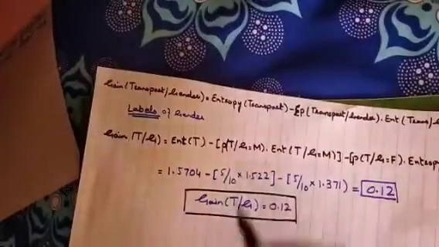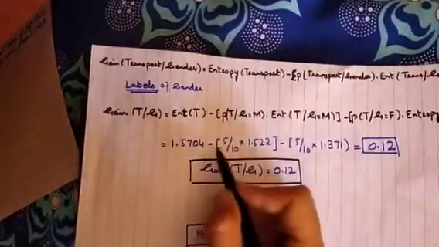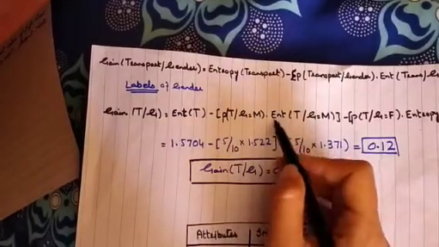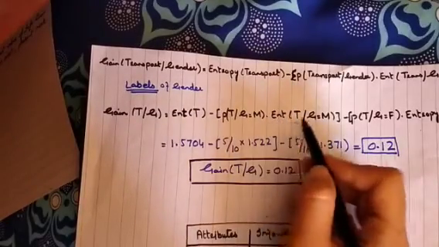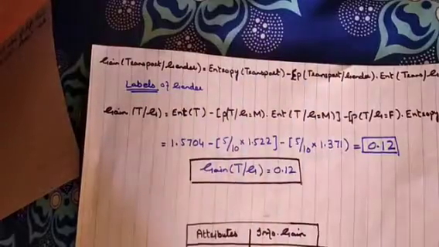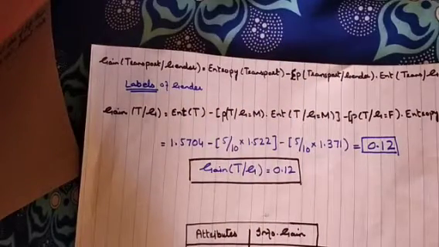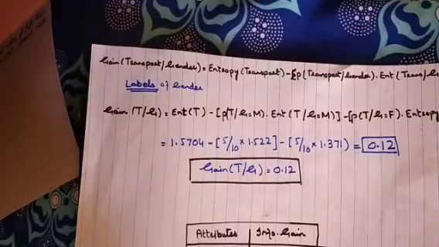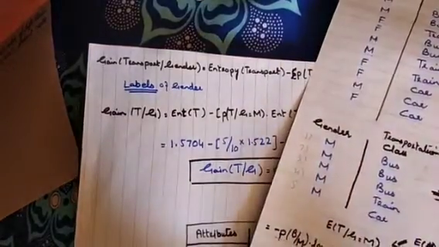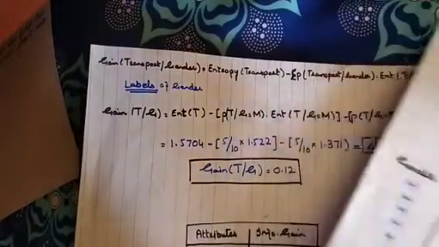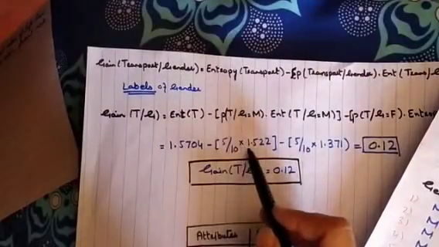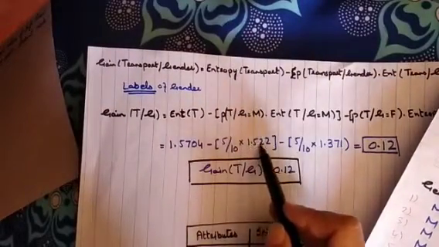So here it is, तो ये हमने यहाँ पर लिख ली, that is minus 5 by 10, and then we have to write out the entropy of transport given that gender is male. So for the male gender, the entropy which we calculated is 1.522. So here it is multiplied with the entropy of this, which is 1.522.